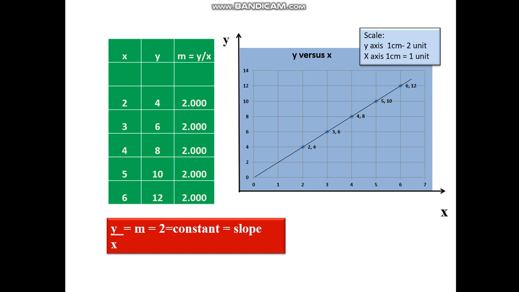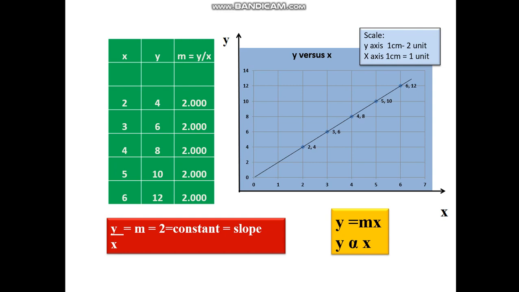So we can write the equation as y is equal to mx. Now m is a constant, so y is proportional to x. So whenever you have a straight line passing through 0, 0 origin, then y is proportional to x.